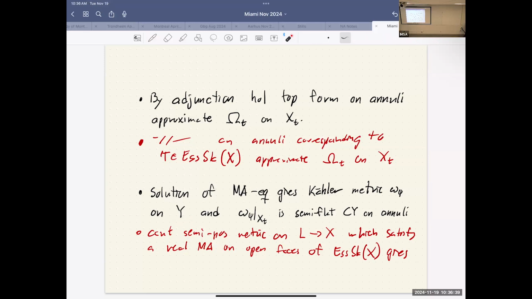In this more general setting, there's no ambient space, but you just start with the maximally degenerate family of Calabi-Yaus.